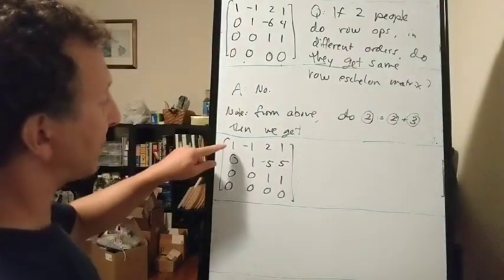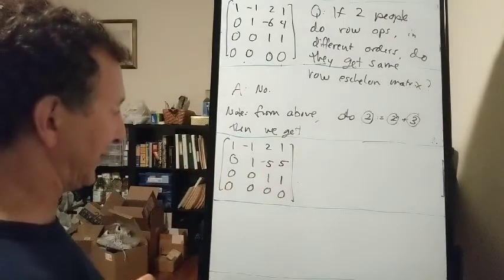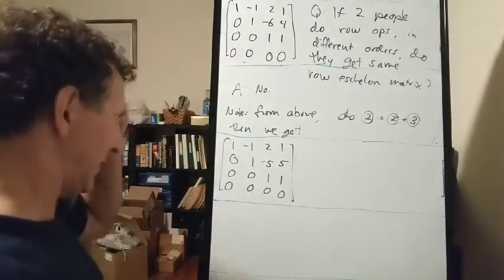What is the same is that the leading ones in each row are going to be in exactly the same places. In other words, the number of non-zero rows is the same.